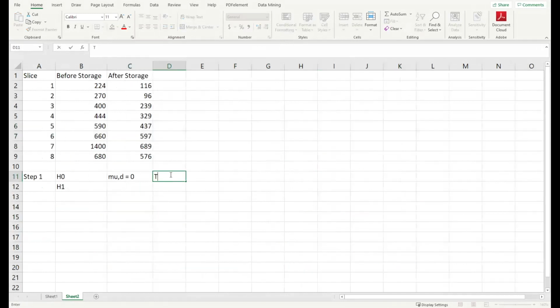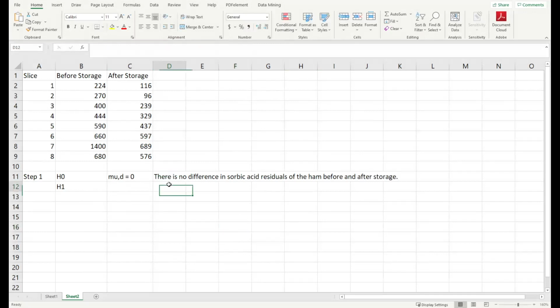Pero actually, pwede din natin i-state yung null hypothesis and alternative hypothesis as a sentence. Pwede rin yun. So, ang gawin ko dito is, there is no difference in sorbic acid residuals of the ham before and after storage. Ganyan. Pwede natin i-state yan.